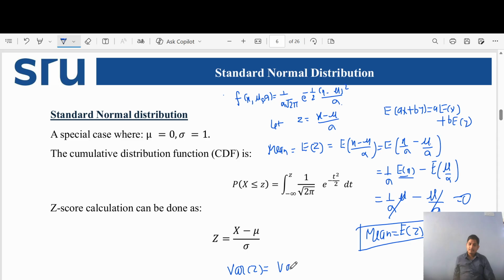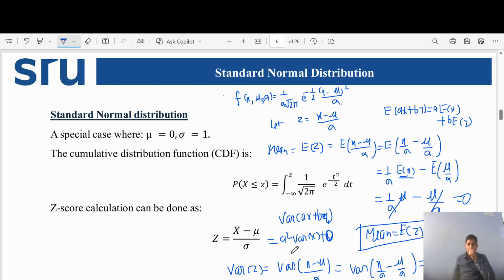Now we evaluate the variance of z. So variance of z means variance of x minus mu by sigma, that is variance of x by sigma minus mu by sigma. We know that variance of ax plus b is a square times variance of x, and the variance of a constant b is 0. So variance of x by sigma minus variance of mu by sigma.